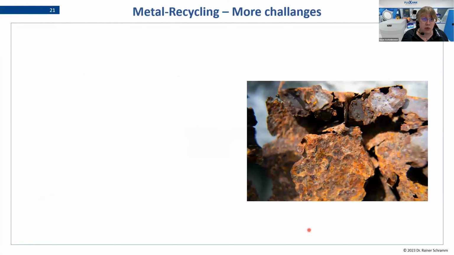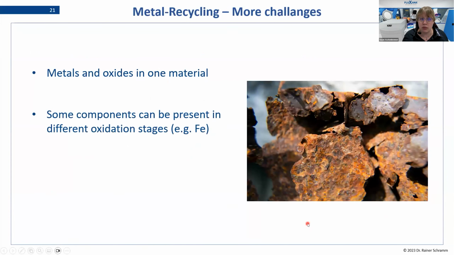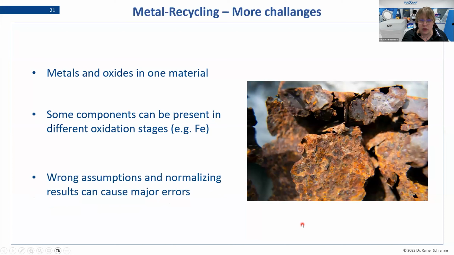There are also some more metal recycling challenges. I would like to introduce to you that metals and oxides might be in one material. Some components can also be present in different oxidation stages, for example, iron. And then this all leads to wrong assumptions, because if I think it's a metal and it's an oxide, I do not know that there's still oxygen in my sample.